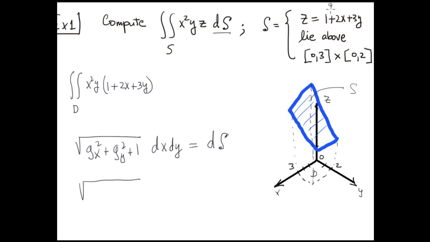The partial derivative of this with respect to x is 2, and 2 squared is 4. The partial derivative of this with respect to y is 3, and 3 squared is 9, plus 1, dx dy. So ds is equal to the square root of 14 dx dy.